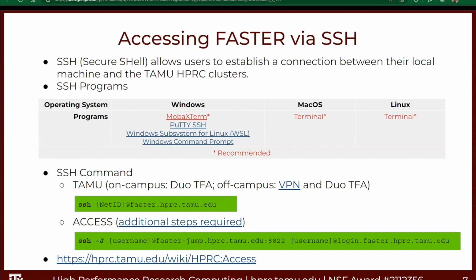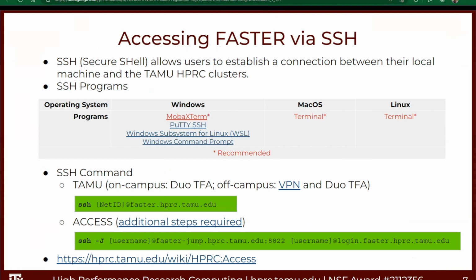For SSHing into FASTER, we can use either MobaXterm for Windows users or PuTTY. People also use Windows Subsystem for Linux, but it is known to throw some issues when people are using VPN. So MobaXterm and PuTTY are reliable ways to connect.